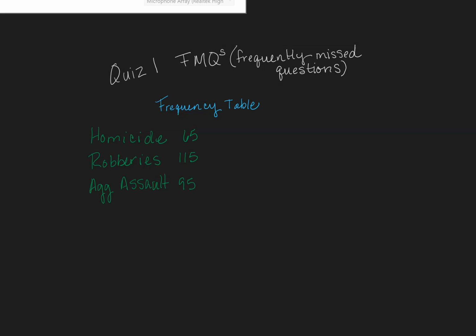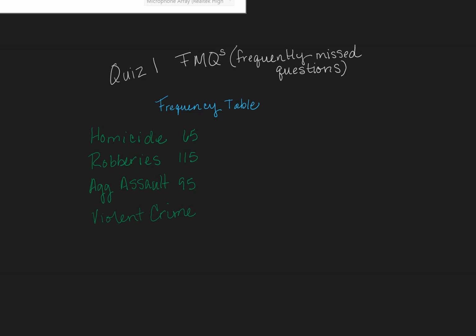We're going to take a look at how to create a frequency table, and I'm going to show you how to make one that has not only the proportions but also a couple of types of percentages: a relative percentage and a cumulative percentage. Let's say we start with homicide, robbery, and aggravated assault numbers, and we want to see what proportion of their violent crime is homicide, robbery, or aggravated assault.